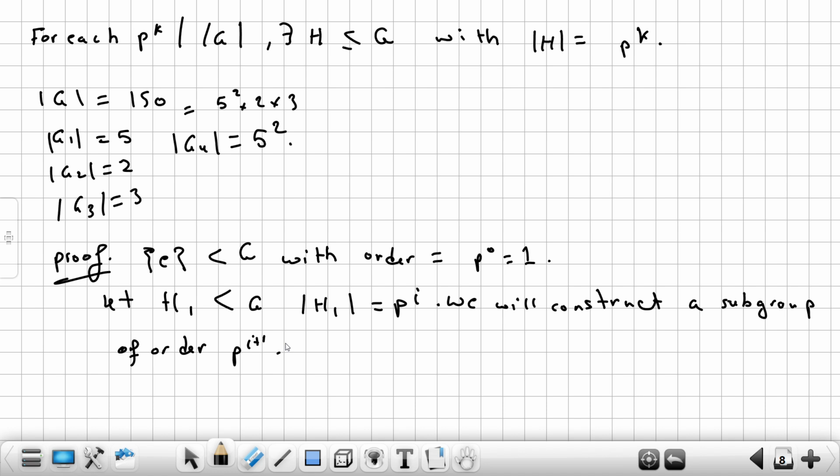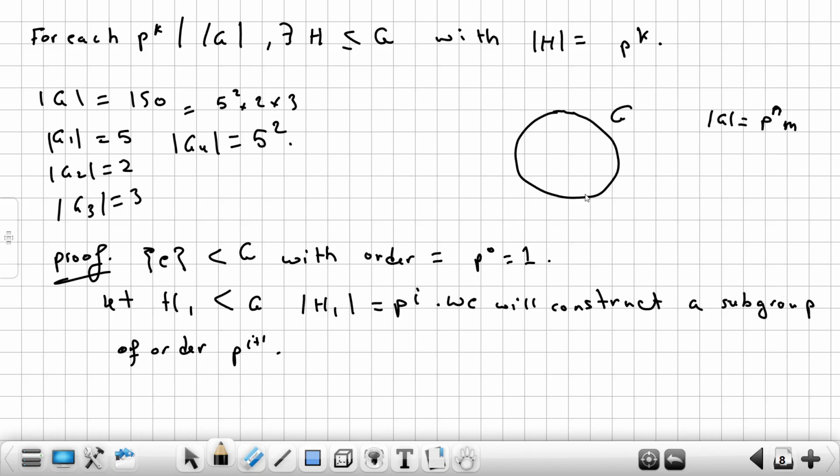Now we need to show that if you have a group G, and suppose that the order of G is equal to p^n times m, you need to find a subgroup of order p^k where k is less than or equal to n.